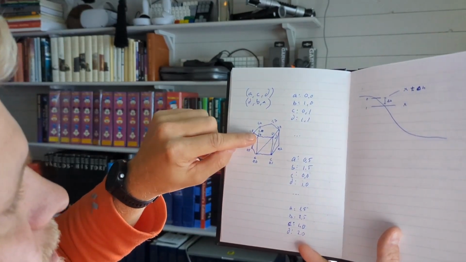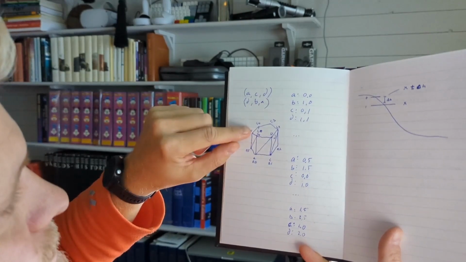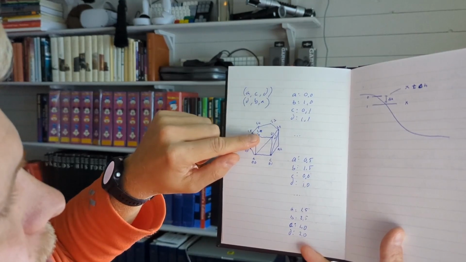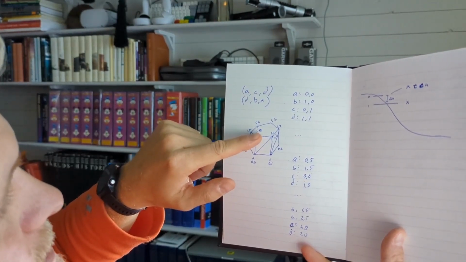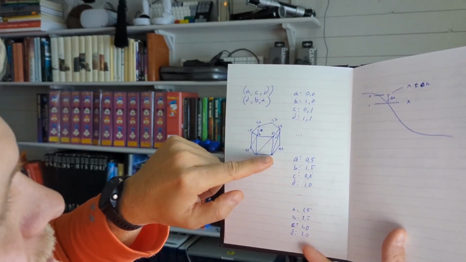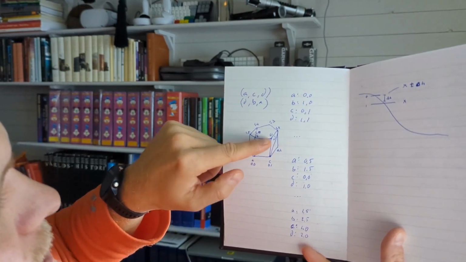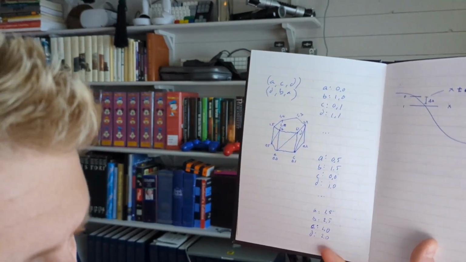B gets the value of 1, the segment count, comma, side number or side index. Then we have C, which is down here again. So 0,1, and 1 and 1 for the D. And if you keep this image in mind, let's go back to the code.